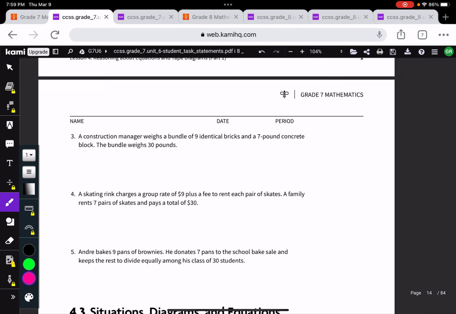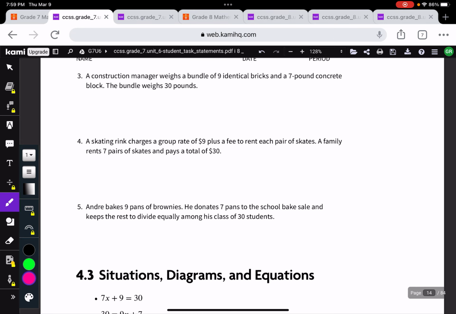All right, number 3. A construction manager weighs a bundle of 9 identical bricks and a 7-pound concrete block. The bundle weighs 30 pounds. Here's our tape diagram. 9 identical bricks. 1, 2, 3, 4, 5, 6, 7, 8, 9. We could choose anything.